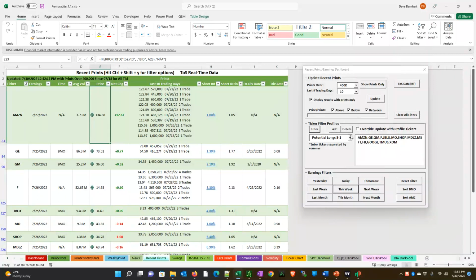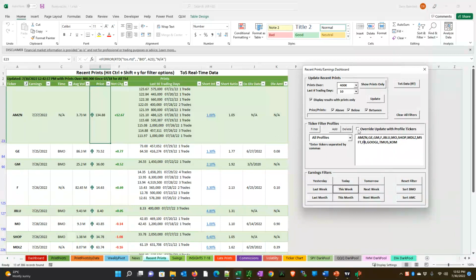And then what happens if I had 2 or 3 or 4, there's this all profiles that is a summary of all of the sub profiles altogether. So if you just wanted to see everything that you were watching, you could go to all profiles, and this would just be one big list of all the tickers that you're watching. So that's helpful too. So if you, for example, wanted crypto only, or you were watching the bank sector or something like that, you could put that in here and leave that.